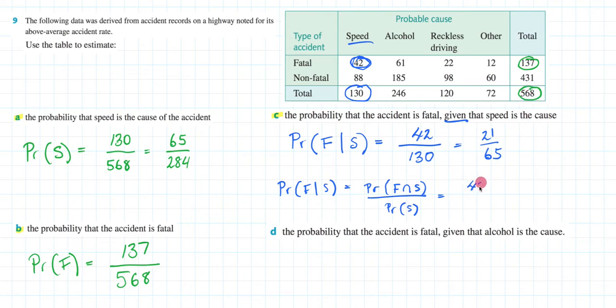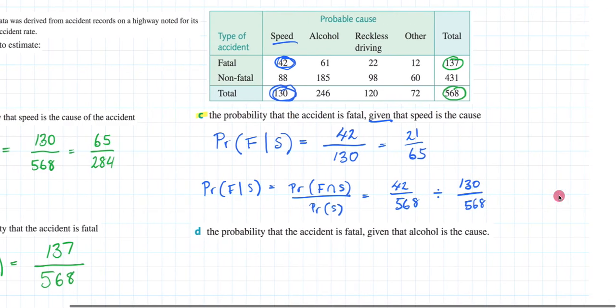So it's going to be 42 divided by 568. And then we're going to divide that by my probability that speed is the cause, which is going to be 130 over 568.